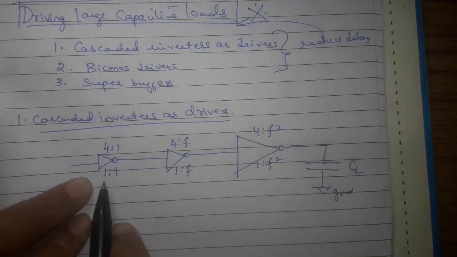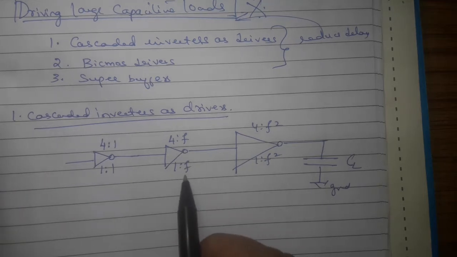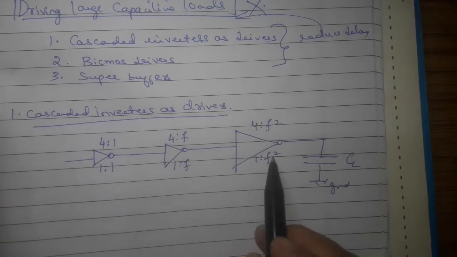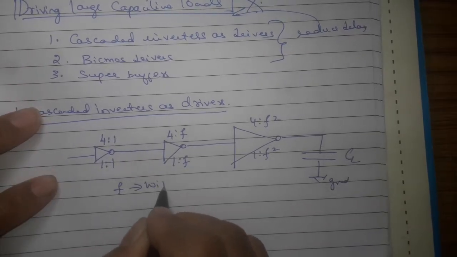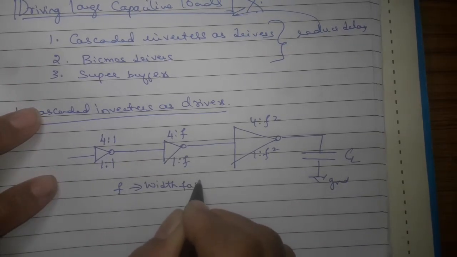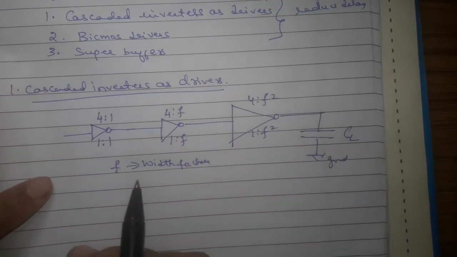What is it you are seeing? As you proceed forward, the size increases by a factor F square, then F cube, like that, where F is called the width factor. So it increases by the width factor.